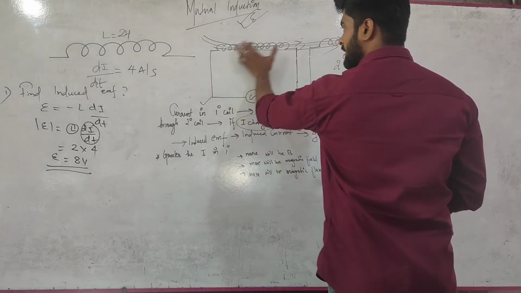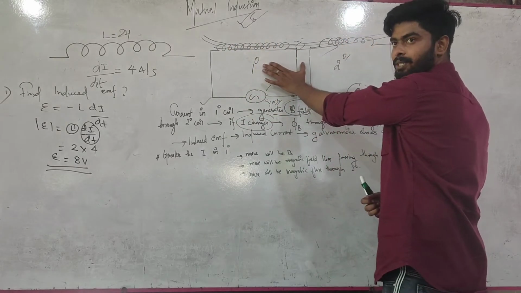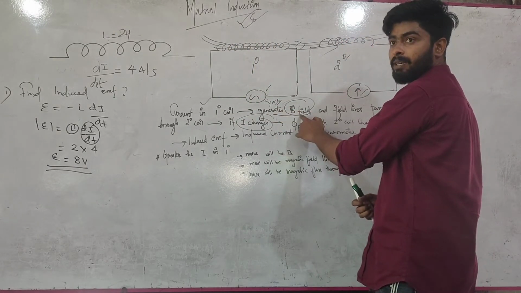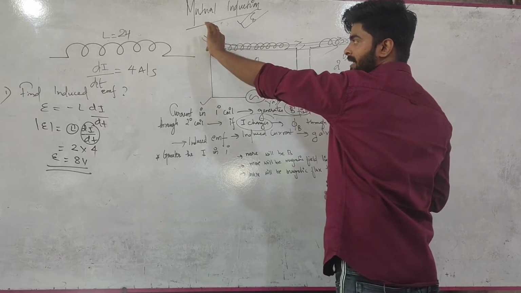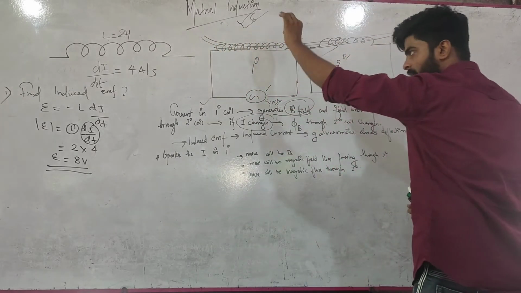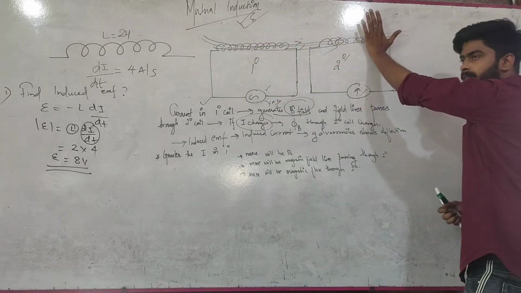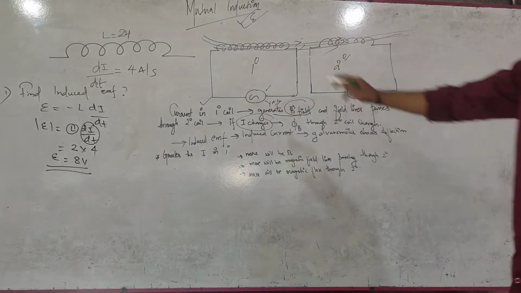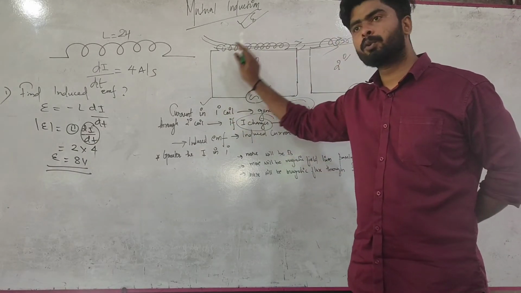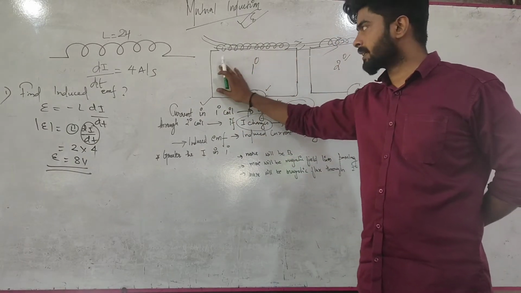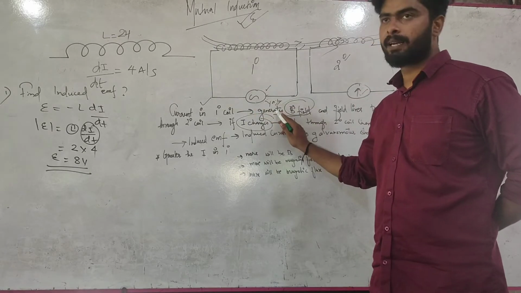So when current in the primary coil is changed, it generates a magnetic field which changes. When the primary coil is generating magnetic field lines, they are also available to the secondary coil. So we were talking about mutual induction. Imagine there is a current through the primary coil. You know that it will generate a magnetic field.